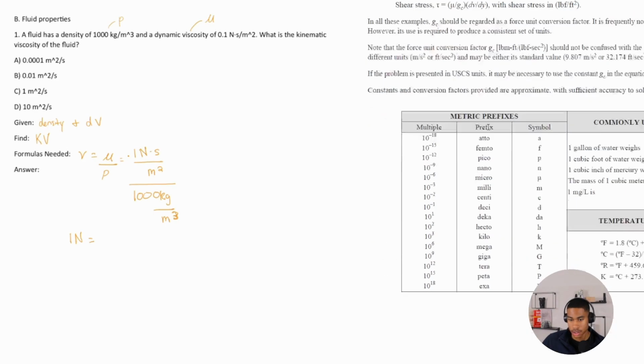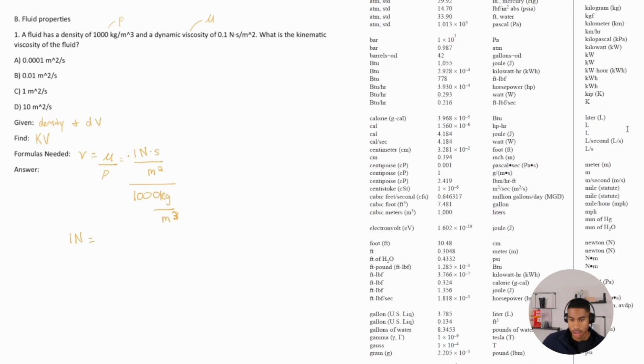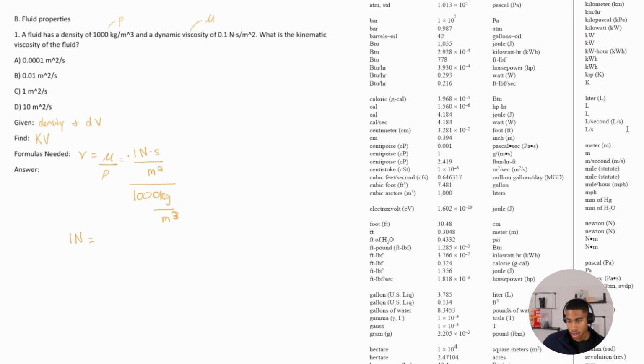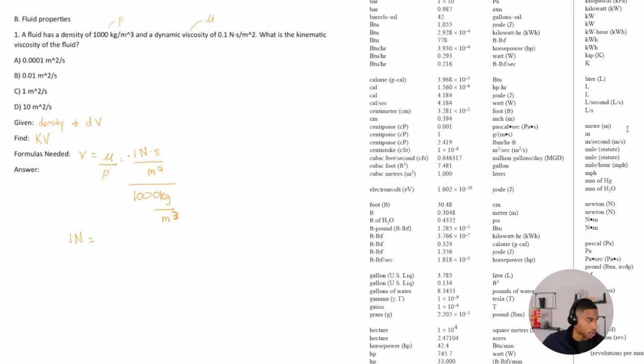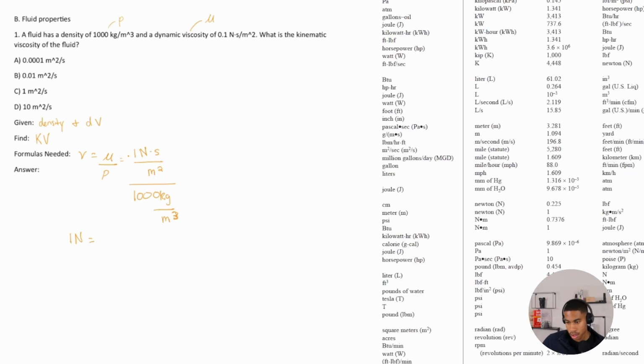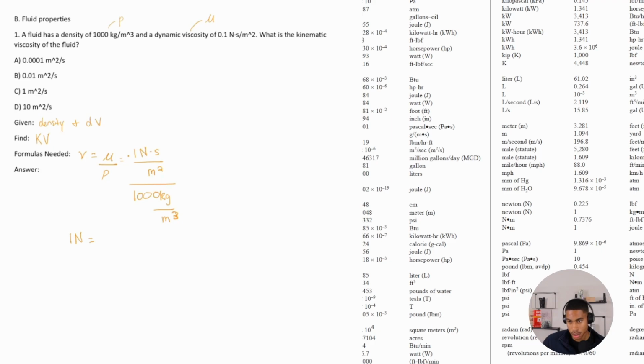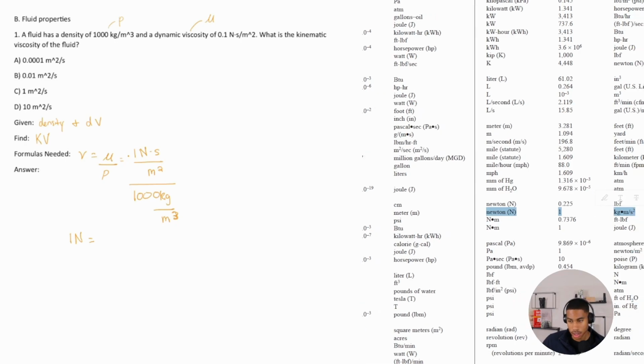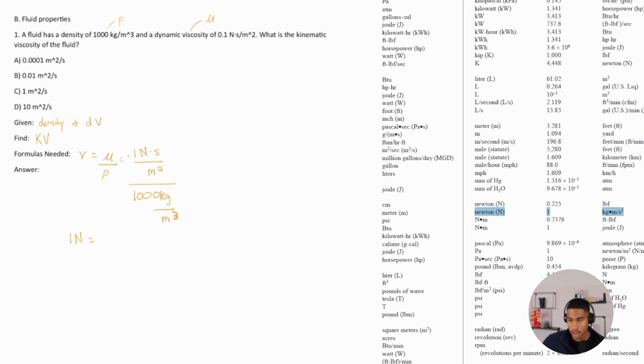All right, so I just jump to the conversion section. And we learn that 1 Newton is equal to 1 kg times meters over second squared.